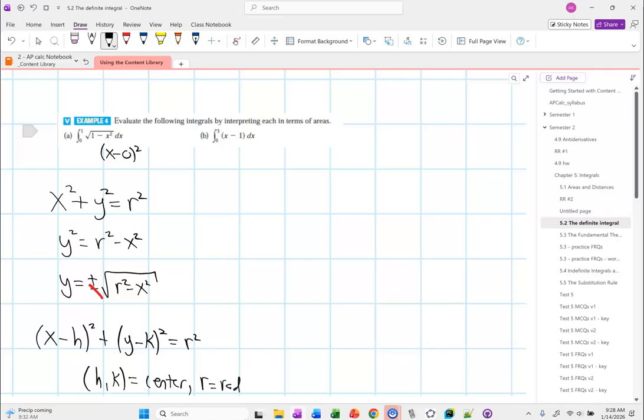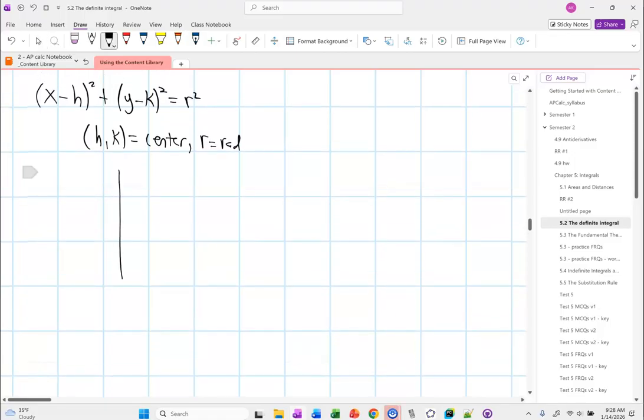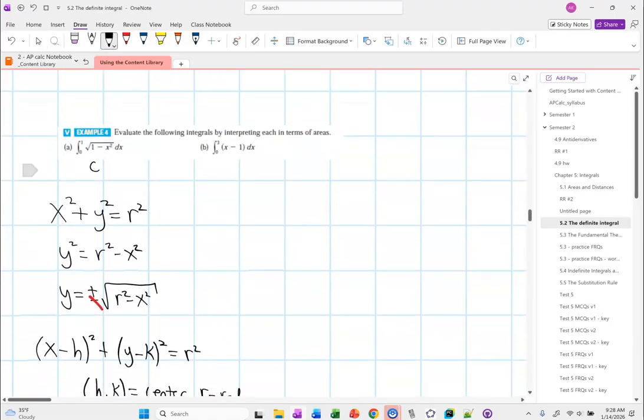If it's just x by itself, right, if there's not minus something inside a parenthesis next to it. Okay. So the center is going to be at the origin, right? So if we think about the graph here, what's the radius going to be? 1. Everybody's okay?